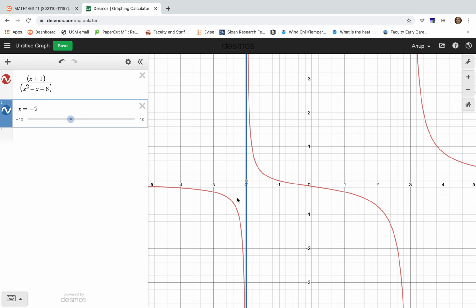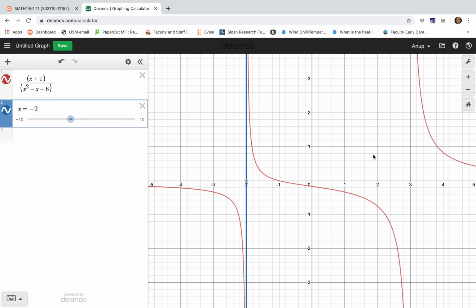It would have been sufficient to have the left hand side behavior for the straight line x equal to -2 to be a vertical line, but when you go closer and closer to -2 from the right side, the same phenomenon occurs, the curve is getting larger and larger without any bound. So this is clearly a vertical asymptote.